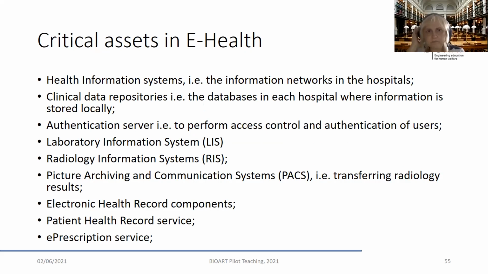They are health informational systems, clinical data repositories, authentication server, laboratory informational system, radiology informational system, picture archiving and communication systems, electronic health record components, patient health record service, and electronic prescription services.